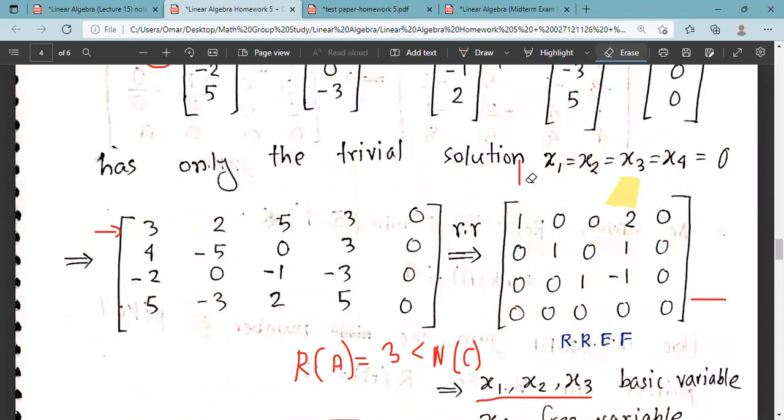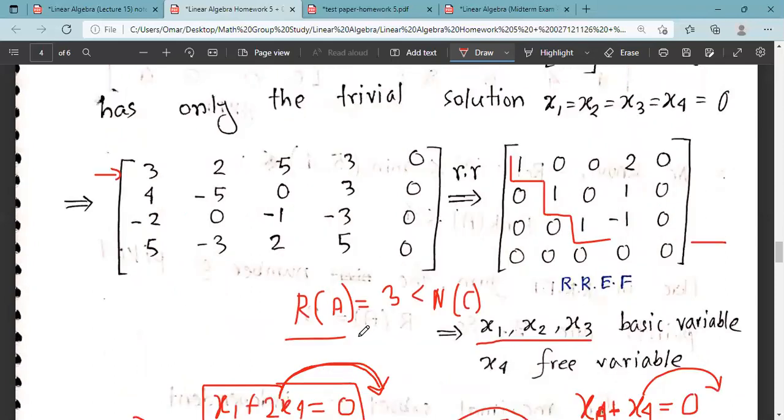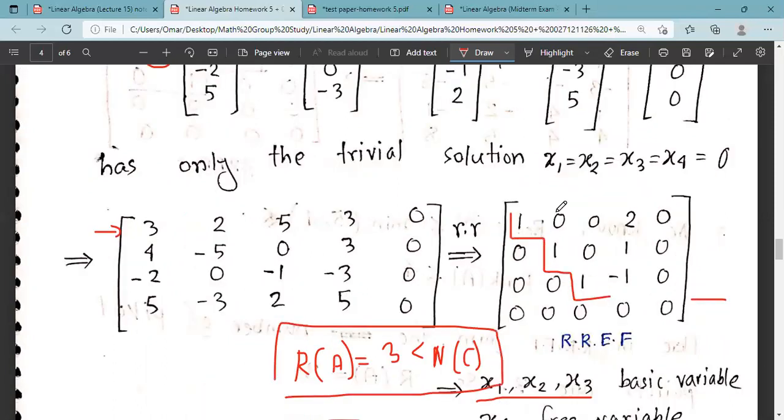I have already calculated it before. We have 3 pivot points here, so the rank of this matrix is 3. As the rank of this matrix is less than the number of columns, we have 1, 2, 3, 4, 5, so 5 columns here, right?